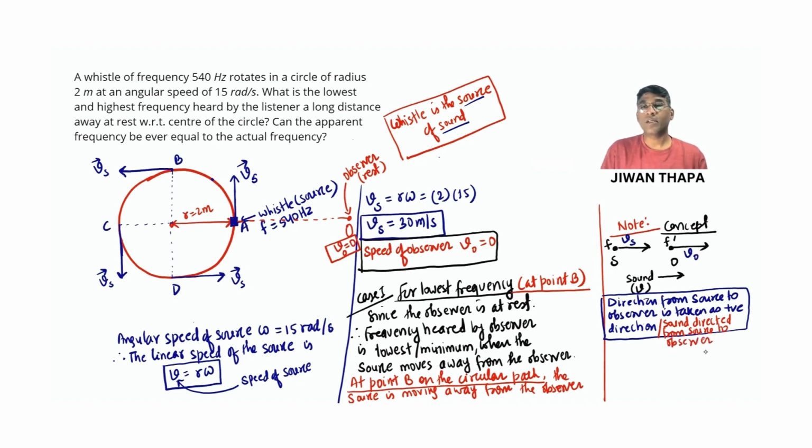Now for this condition, we have F dash equals F bracket V minus V naught divided by V minus Vs. So we have this expression, and in this expression we have neglected the speed of the medium.